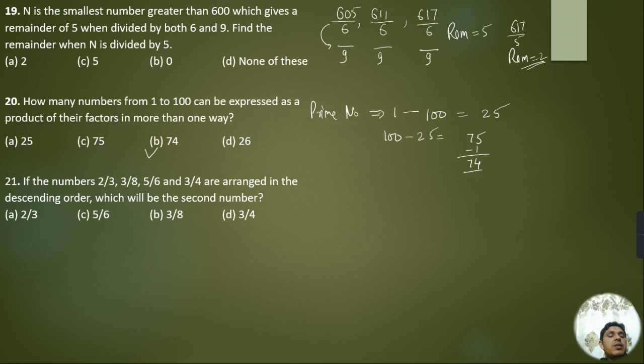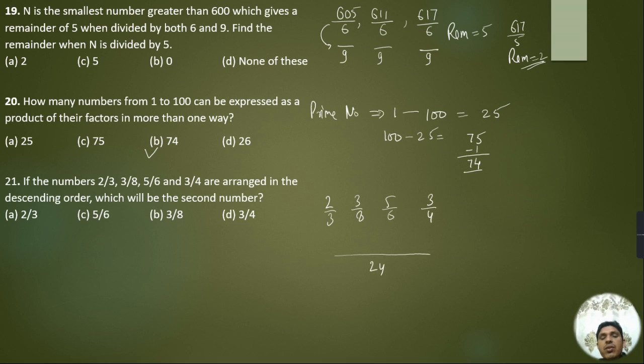Coming to the next question: if the numbers 2 by 3, 3 by 8, 5 by 6 and 3 by 4 are arranged in descending order, what will be the second number? So students, for this question, find the LCM.